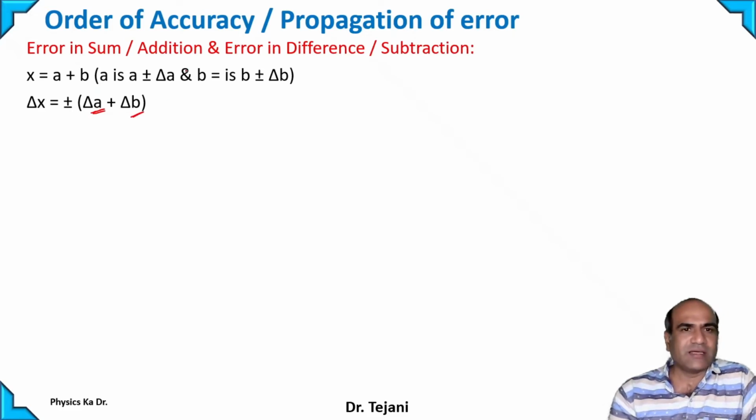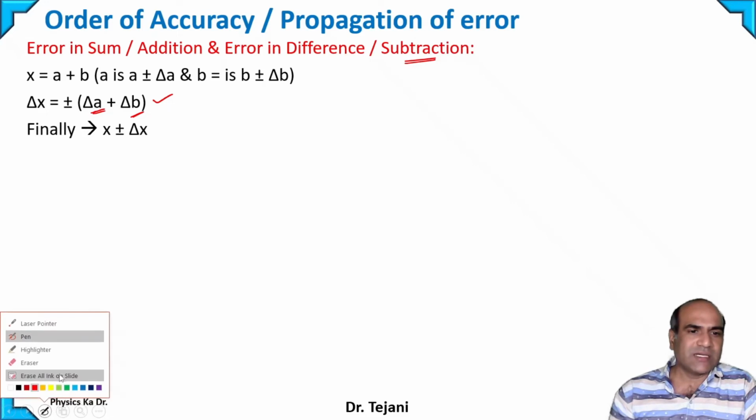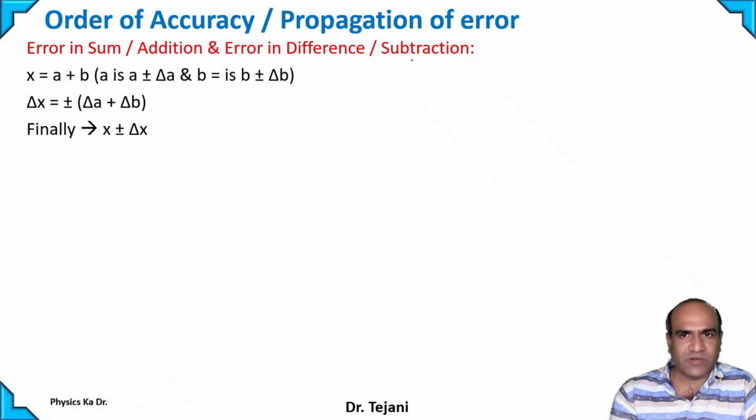If we are measuring two different things and we want a final result, the errors also get added. In case of addition as well as subtraction, in both cases the errors are to be added. Don't make the mistake in the case of subtraction of writing delta a minus delta b, which is wrong. It must be delta a plus delta b. So check that.